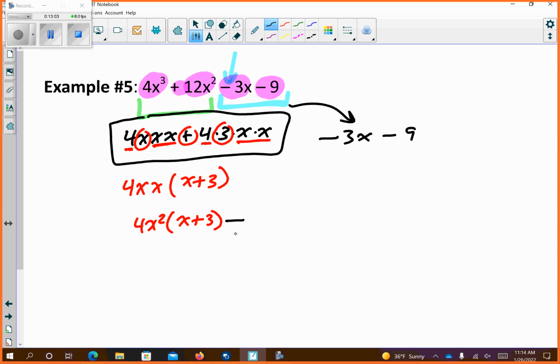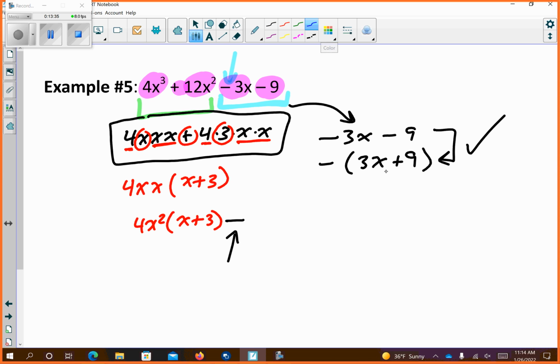So see this negative here? That means I'm going to take a negative out, and it's going to change both signs. So think about this. If I redistribute that negative back in, do I get negative 3x minus 9? Let's make that 9 a little nicer. Do you agree from this step to this step? Is this we check? We good?